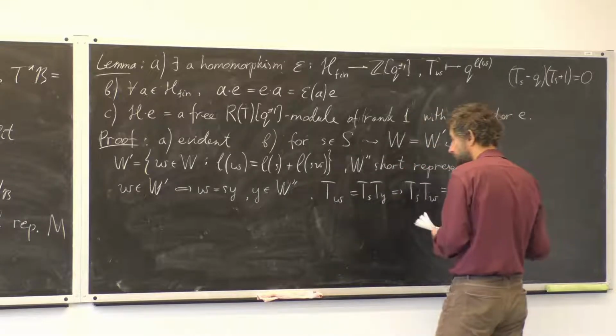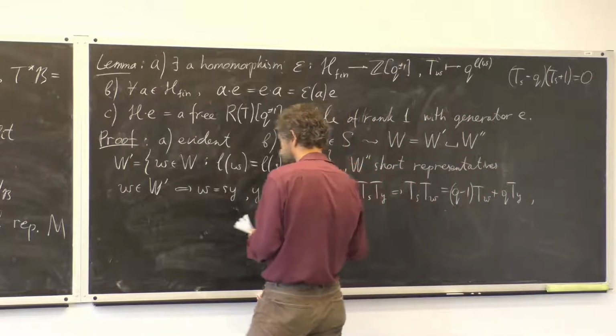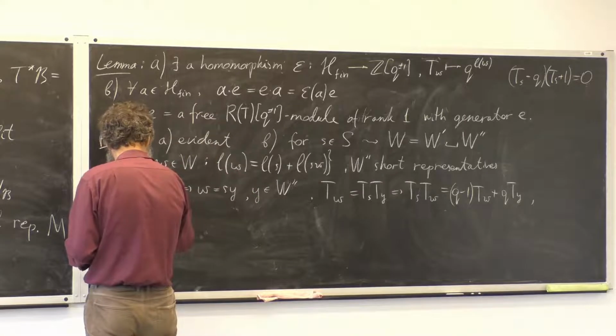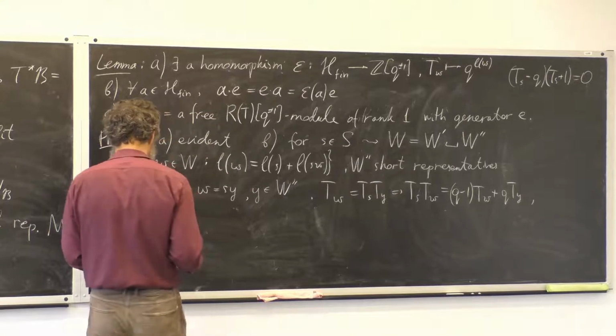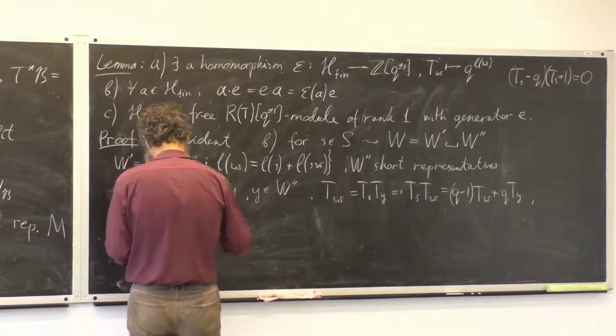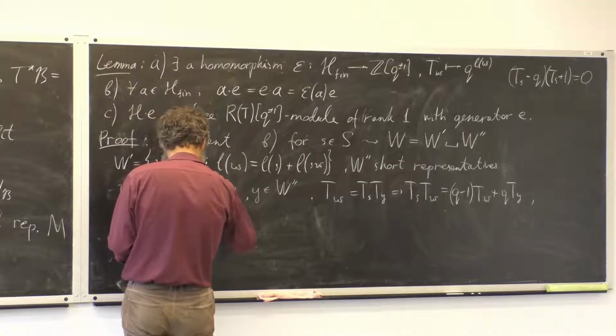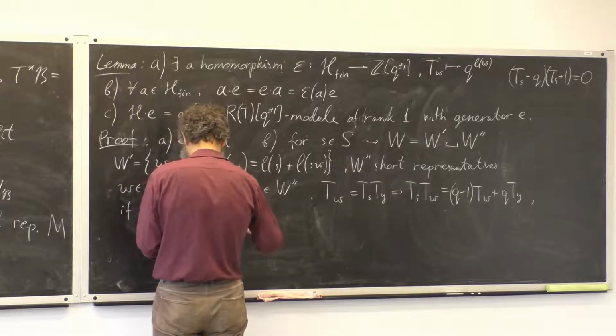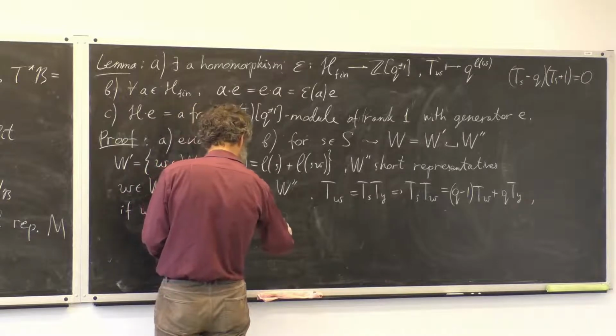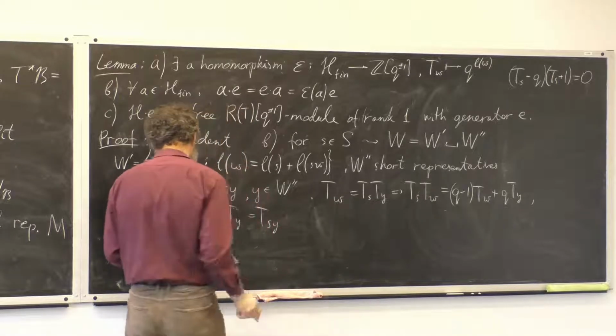And if W is in W double prime, then TS Y is just TSY. Okay.